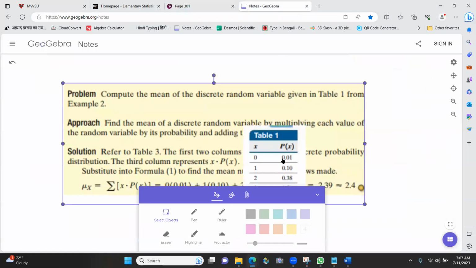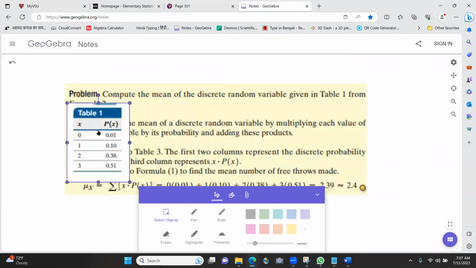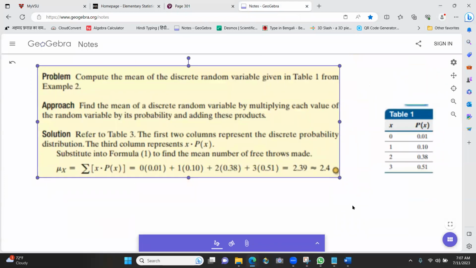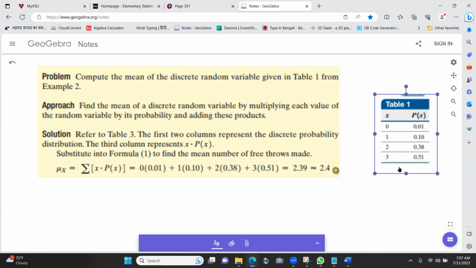So they want you to find the mean. So let's take a look. What this is saying is the probability that you'll get a zero is 0.01, 1 is 0.10, 2 is 0.38. This was about throwing basketball, okay? So they just gave you the probabilities.